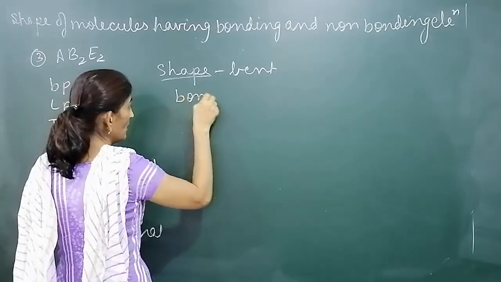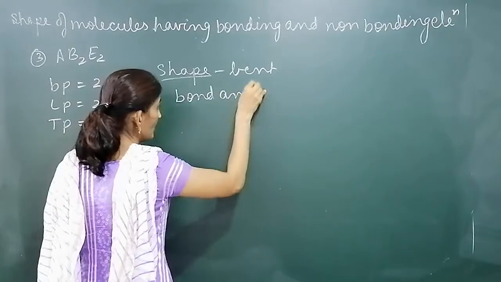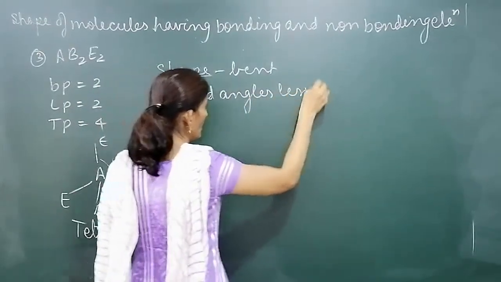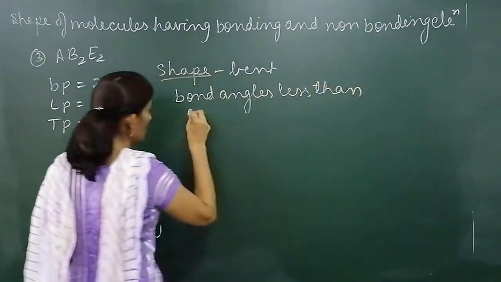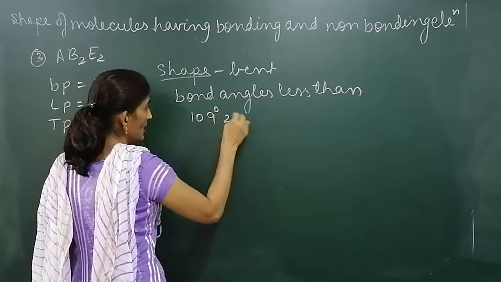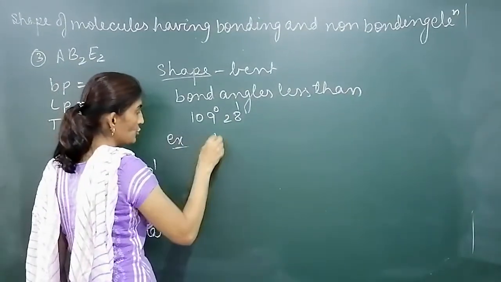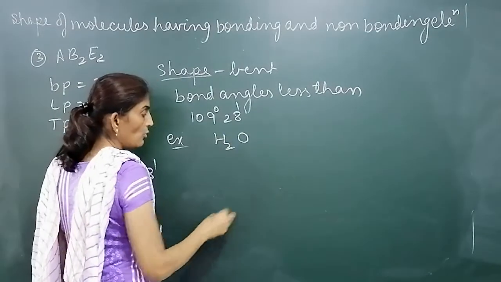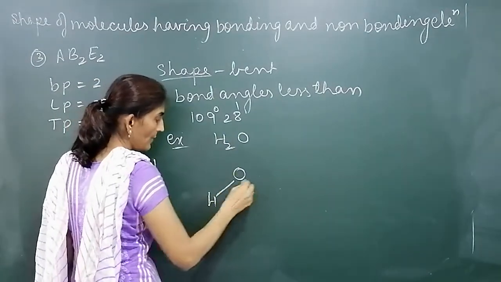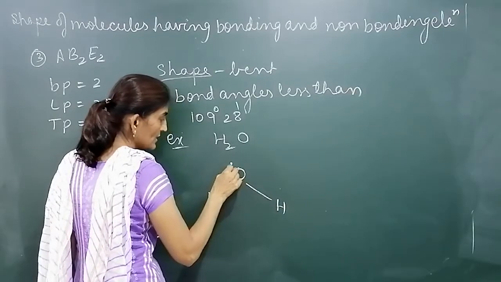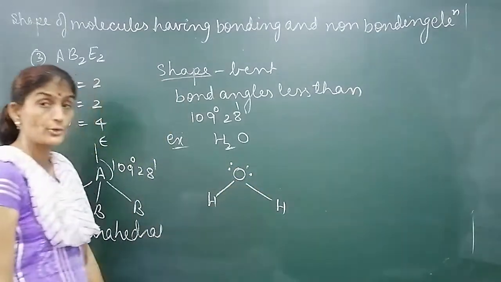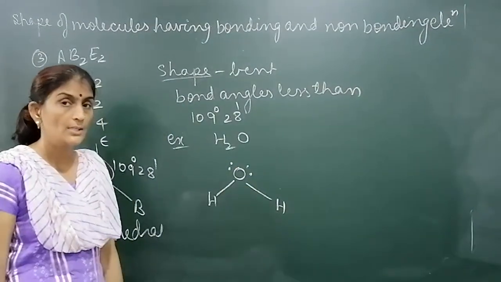Bond angle less than 109 degree 28 minutes. Example is H2O, water. Around oxygen, there are 2 bonding pair and 2 lone pair of electrons. So total 4 electron pair around oxygen in water.